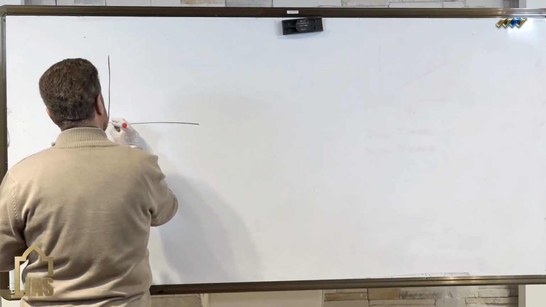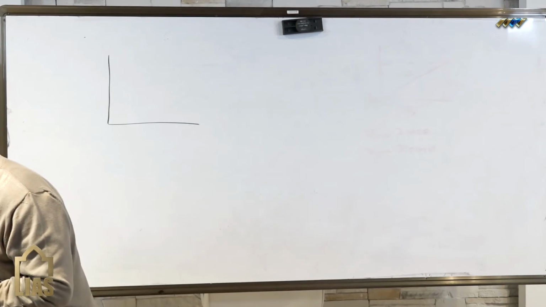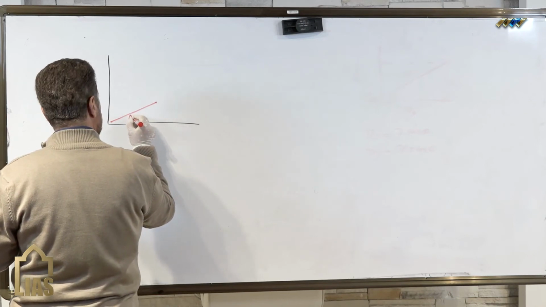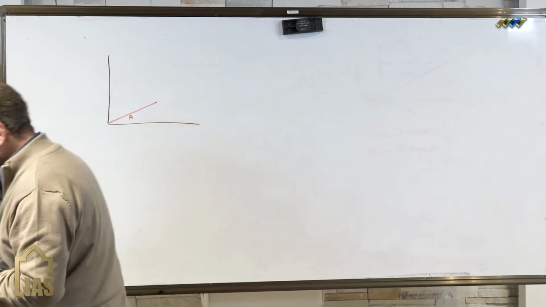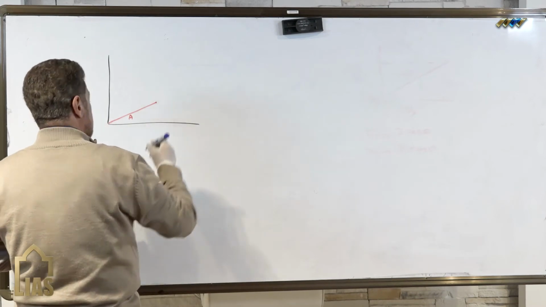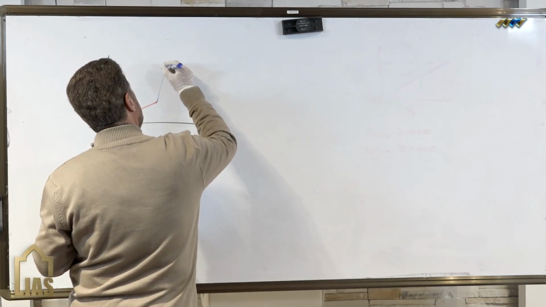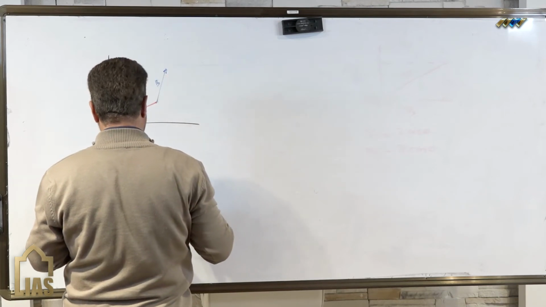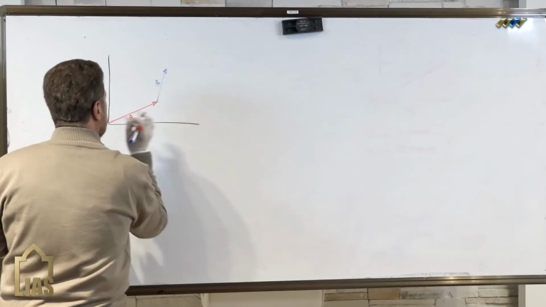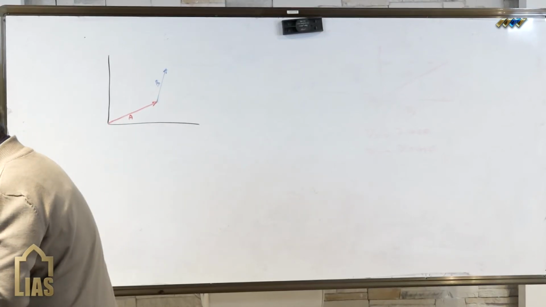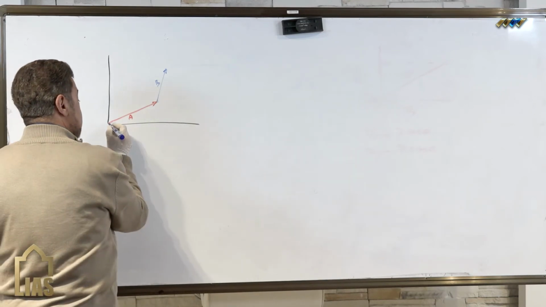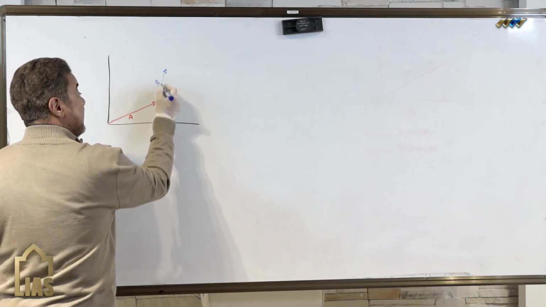Here we have vector A, and then vector B. I have to put the head on vector A. For the resultant of these two vectors, this is the tail and this is the head, and this is the tail and head.